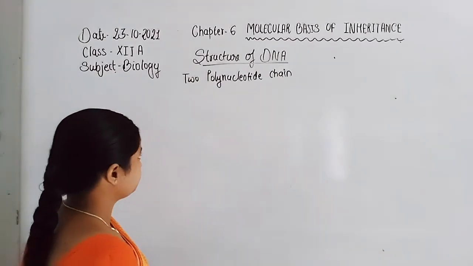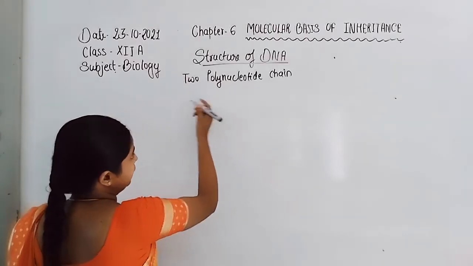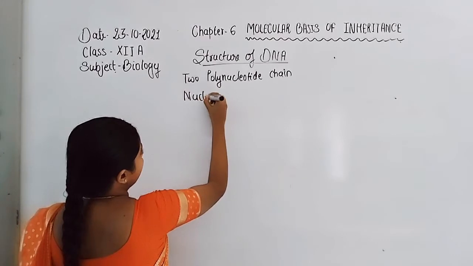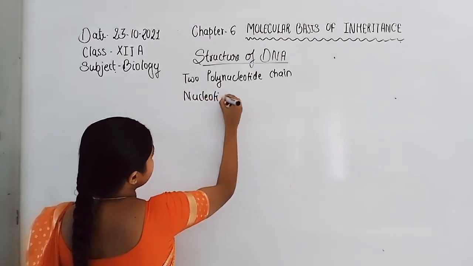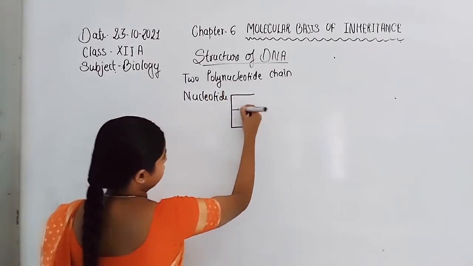Now, each nucleotide is formed by 3 components.